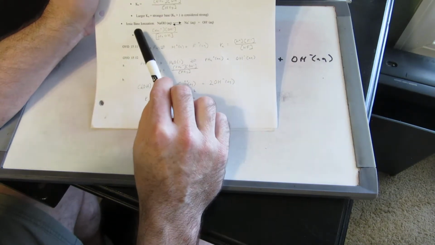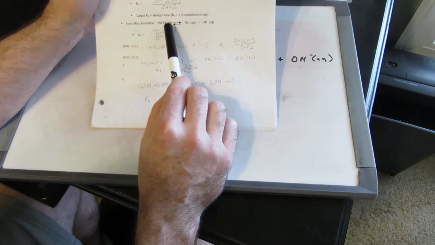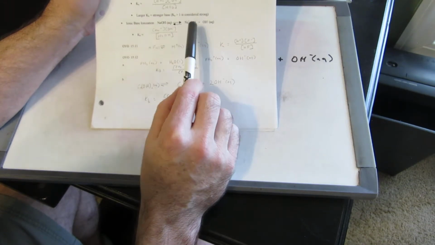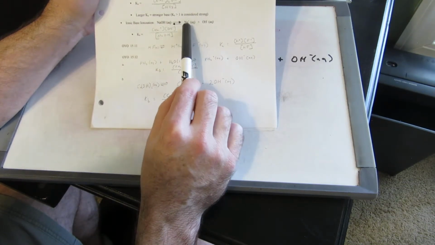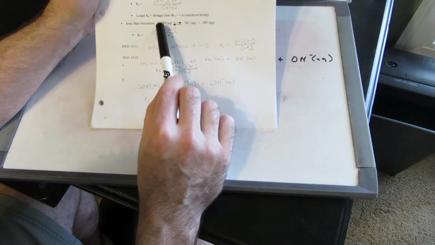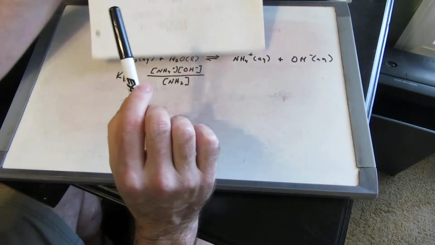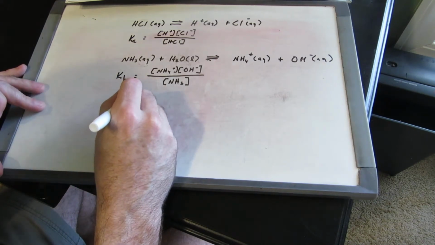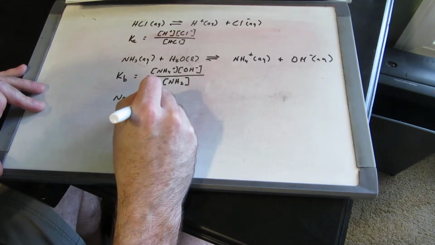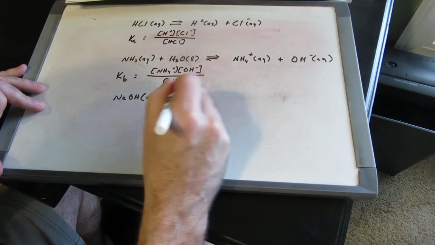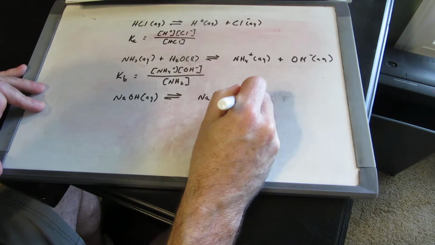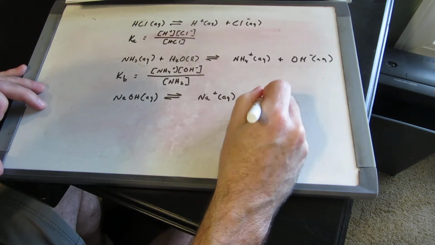Now if you have an ionic base ionization, so an ionic base like sodium hydroxide, NaOH, that doesn't need liquid water. It just splits into its ions because it's not covalent. Okay, it's ionic, so it'll just split into its ions. So we would have NaOH would split into Na plus and OH minus.